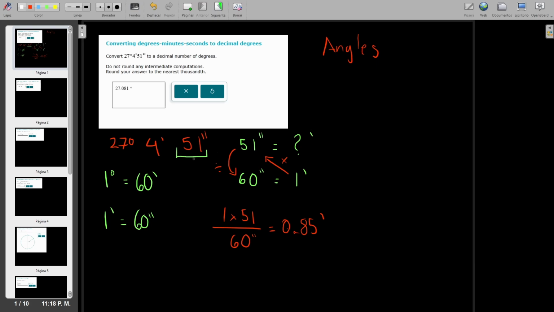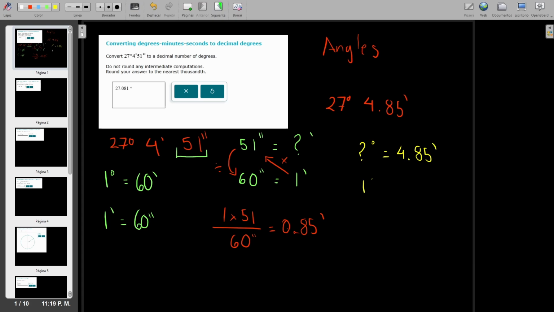0.85 minutes. So now the value is going to be 27 degrees, 4.85 minutes. Now we're going to be transforming the 4.85 to degrees. Remember, 1 degree equals 60 minutes. It's the same rule of 3. How many degrees are 4.85 minutes?